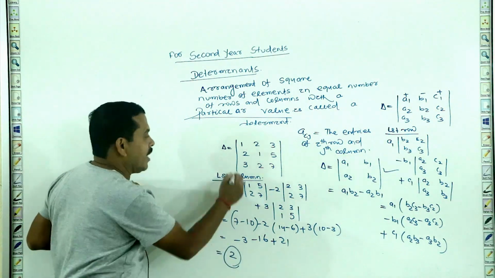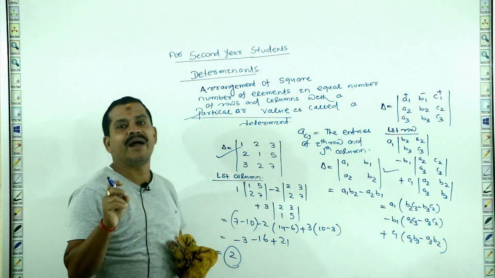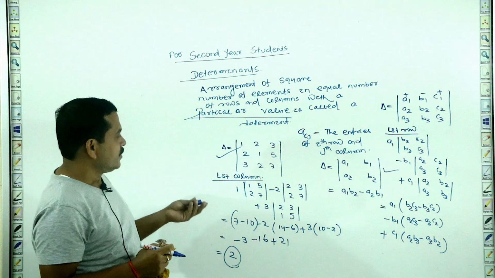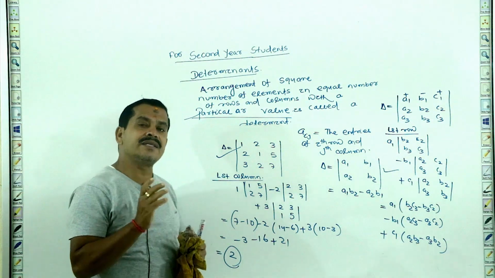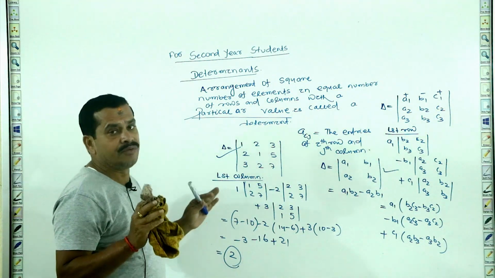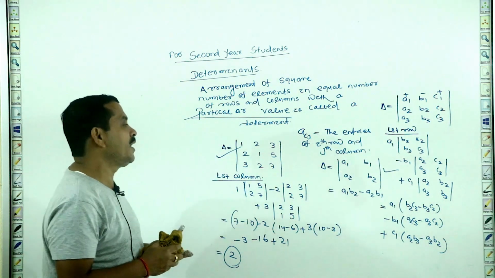This is the particular value of the determinant. So in this way we can expand a third order determinant. A third order determinant can be expanded in 6 ways. This is all about what we mean by determinant, and how we can expand a determinant.